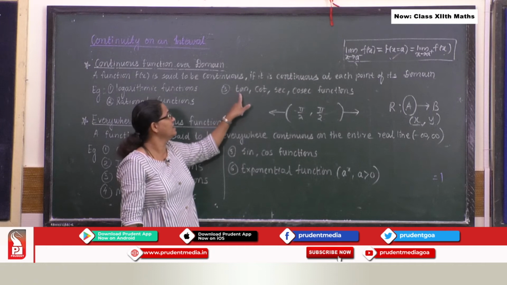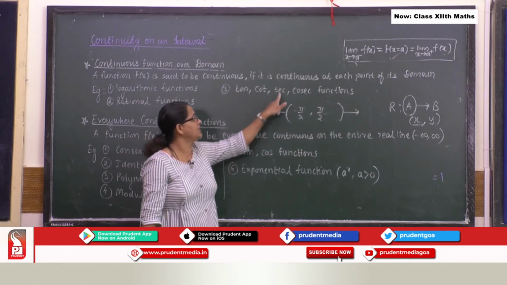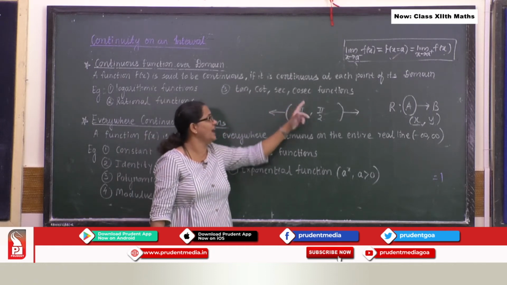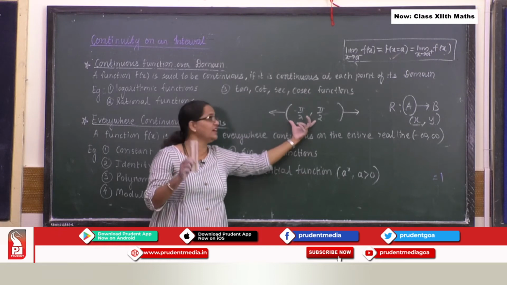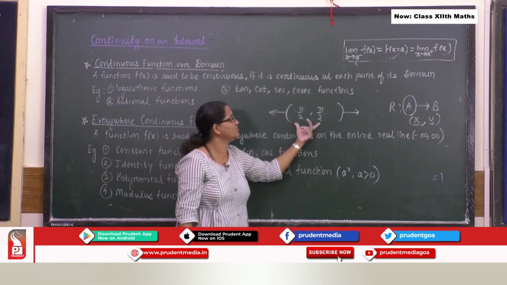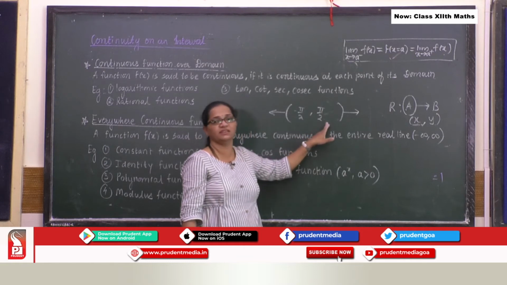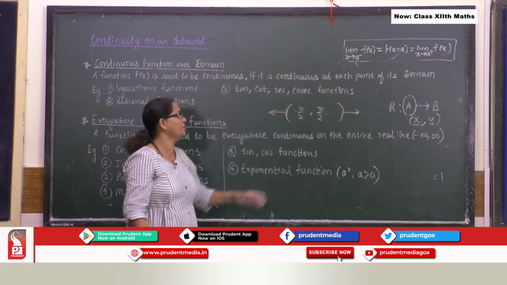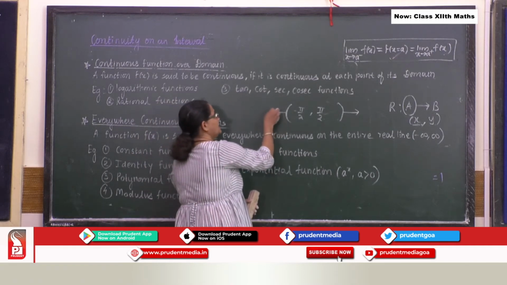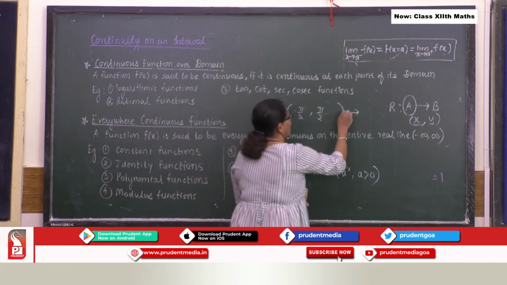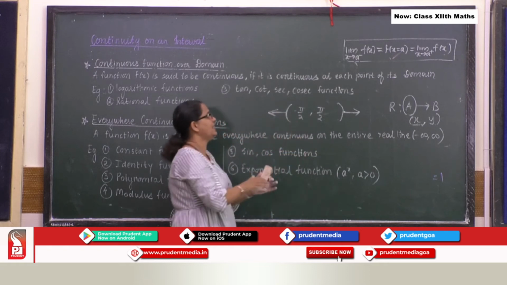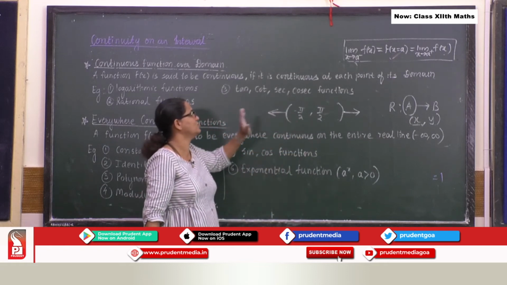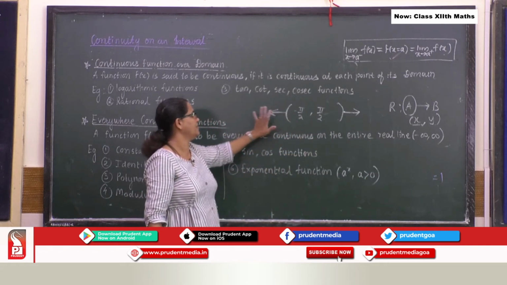For tan, cot, sec and cosec, the interval matters. The domain matters, right? So here we talk only about the domain; values outside its domain do not matter.